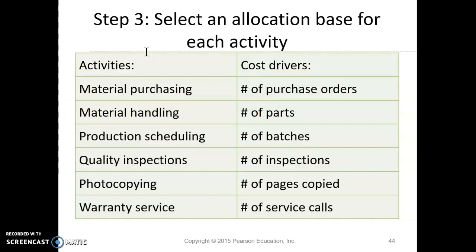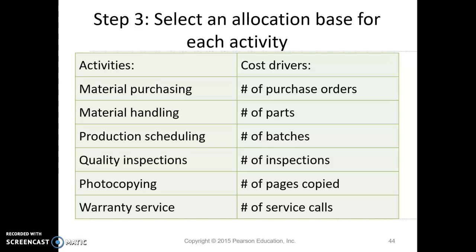Then we need to select an allocation base for each activity. Allocation base and cost driver, those terms are used interchangeably. So this is where you can come up with a different type of allocation base other than just direct labor hours or machine hours, and that allocation base is going to be more indicative of how the costs are being consumed.